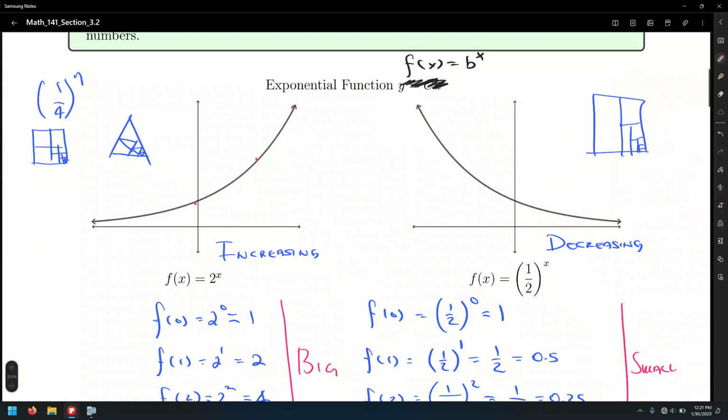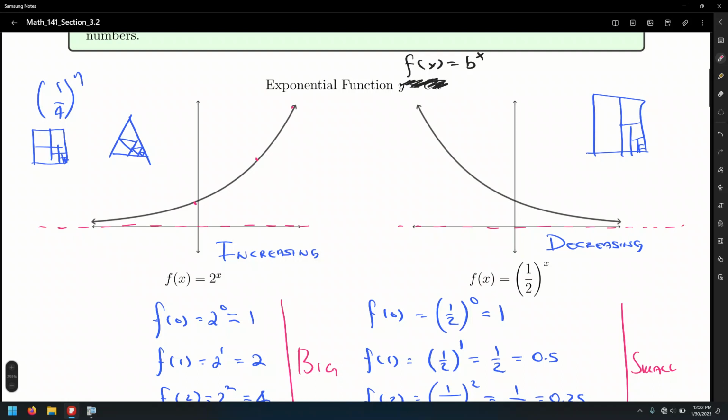The exponential is never 0, and that's something we will justify algebraically. It turns out that the exponential function has a horizontal asymptote. That is, this exponential function never touches the 0.